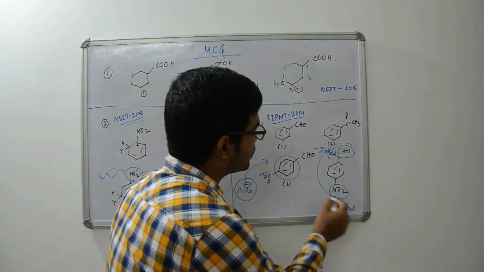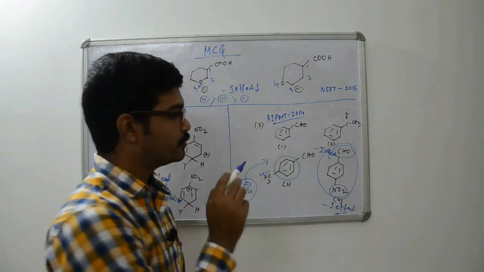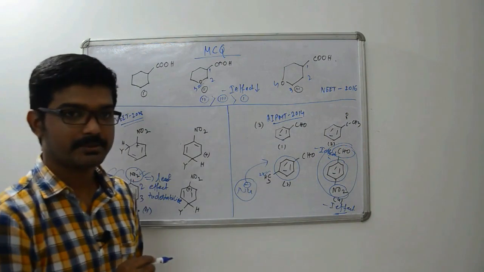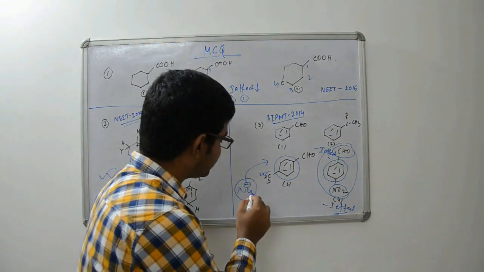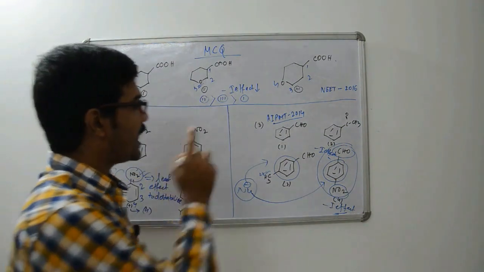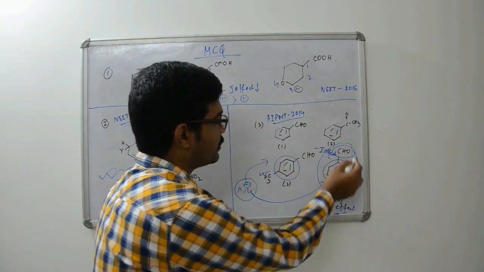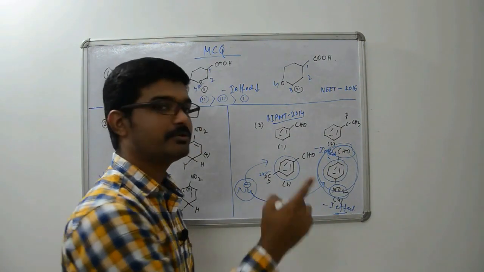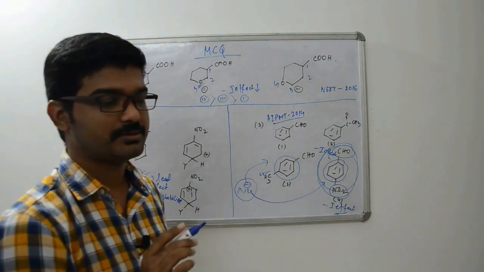So this compound will have least electron density in the benzene ring. So it will be very easy for a nucleophile to attack this moiety. So among these 4 compounds, compound number 4 will be most reactive towards nucleophilic addition reaction.